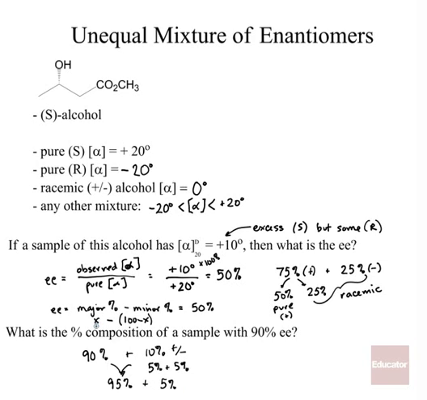Again, you could solve it algebraically like this to set one to be x and one to be 100 minus x, and then the difference now would be 90%. But the difference between 95% and 5% is 90% EE. So 90% EE equals 95% minus 5%. So if you have a 95-5 mixture of two enantiomers, it would be described as having a 90% EE. And you would expect the optical rotation to be 90% of the maximum, the literature value for that sample.